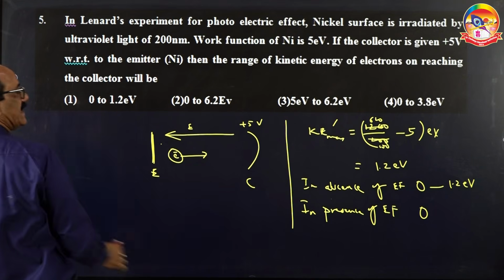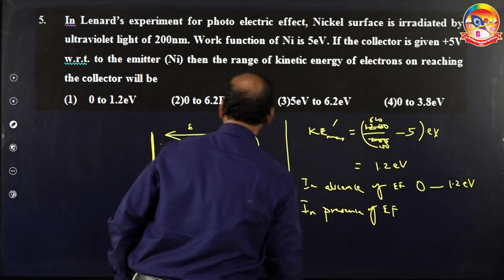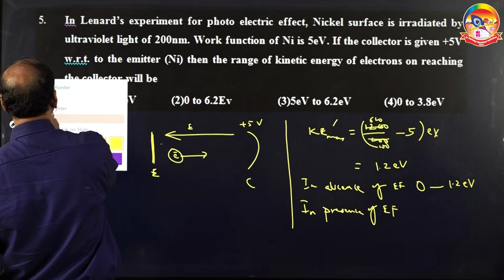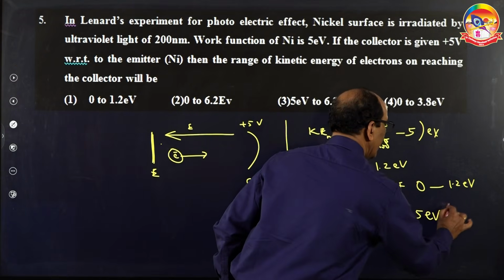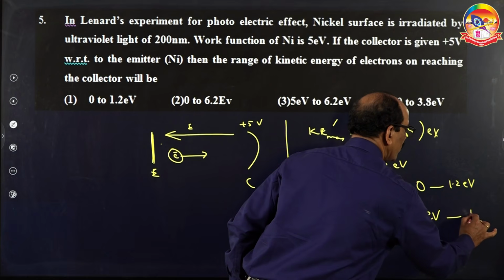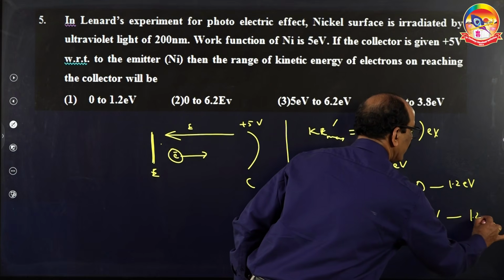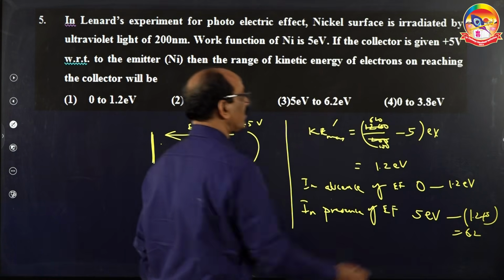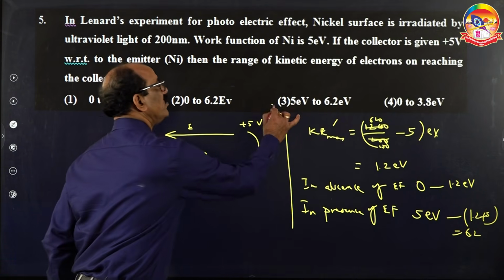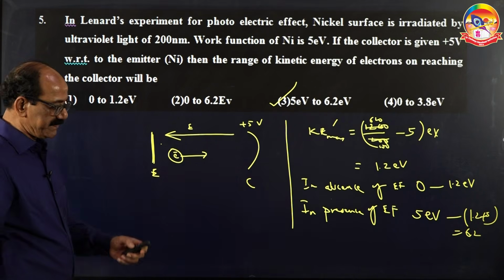Electrons with 0 kinetic energy acquire 5 electron volt, and the maximum becomes 1.2 plus 5, that is 6.2 electron volt. So 5 electron volt to 6.2 electron volt would be the appropriate answer.